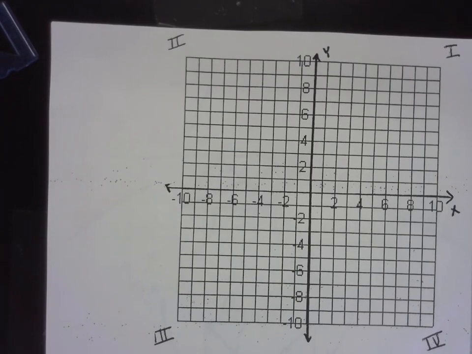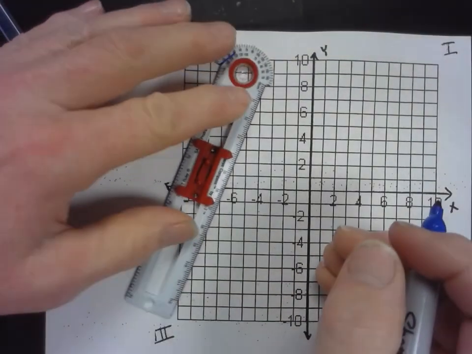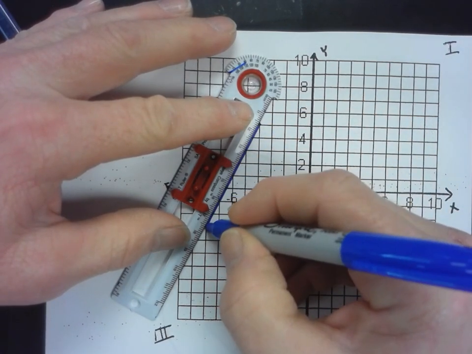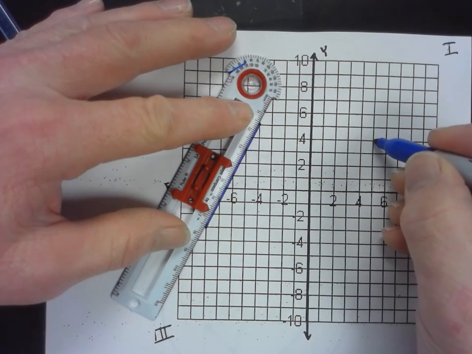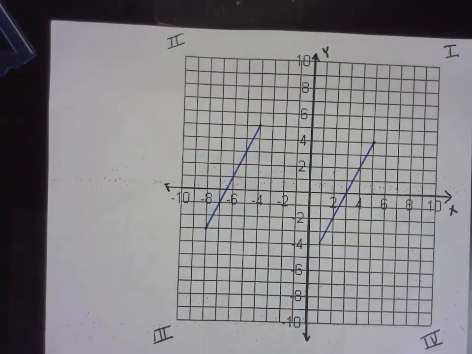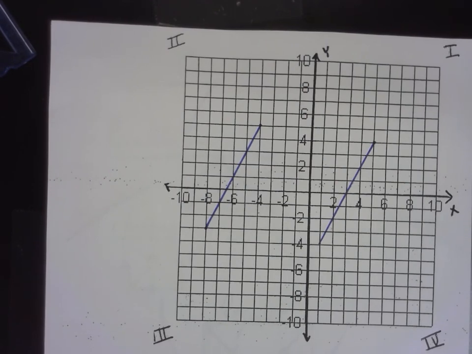When all you're doing is checking to see if two sides of a quadrilateral are the same length, you don't necessarily have to use the distance formula.